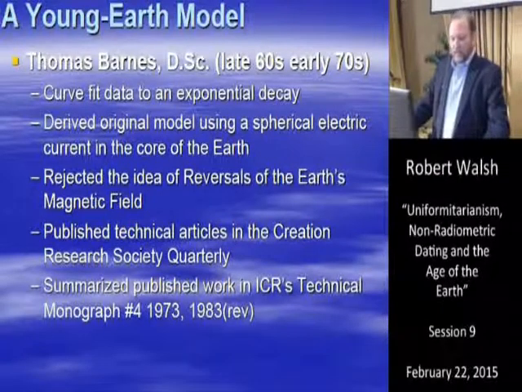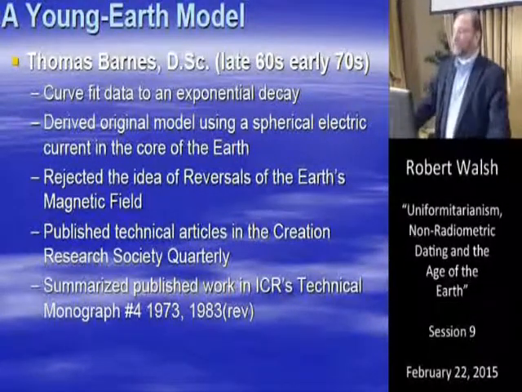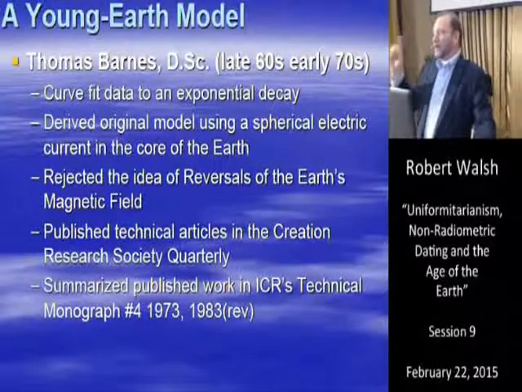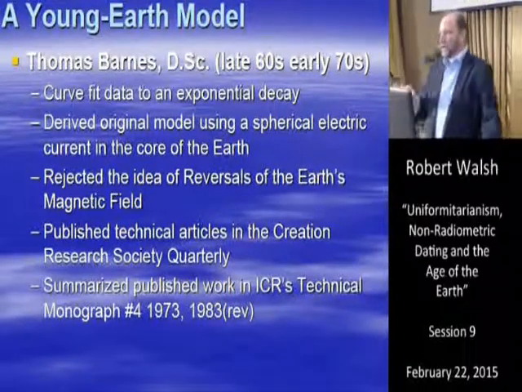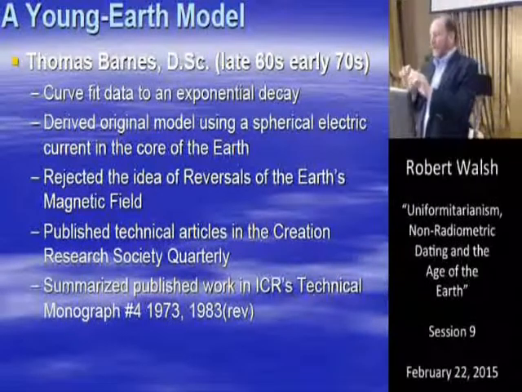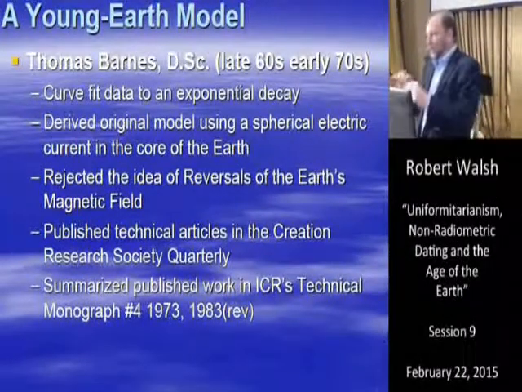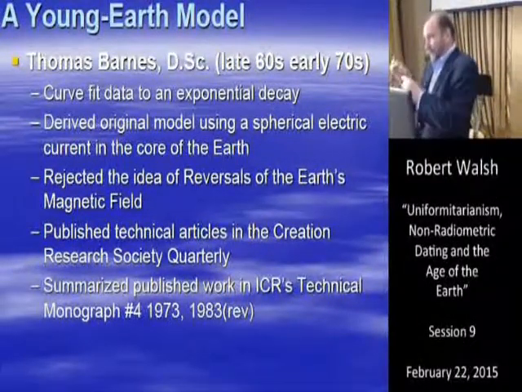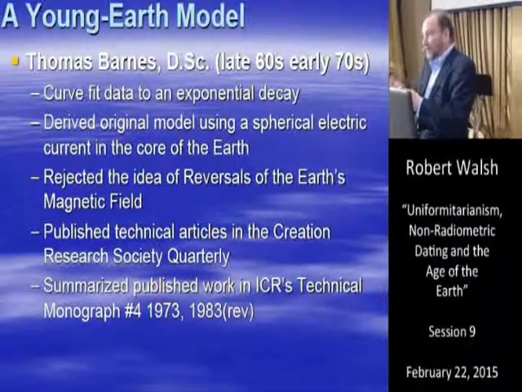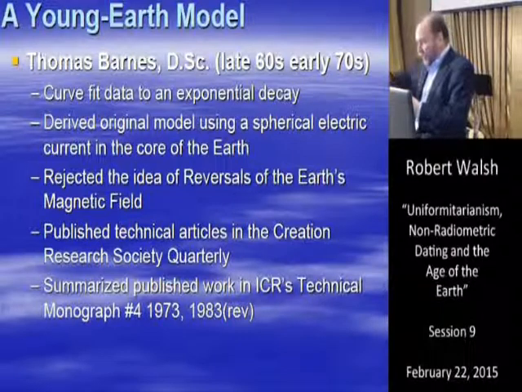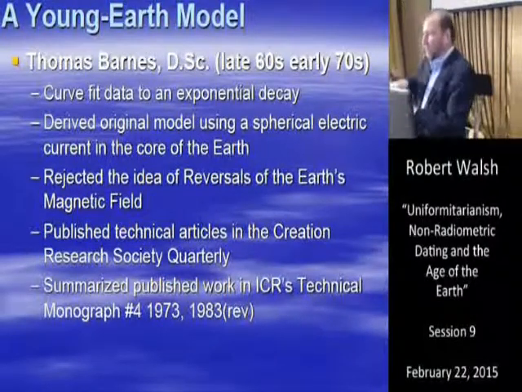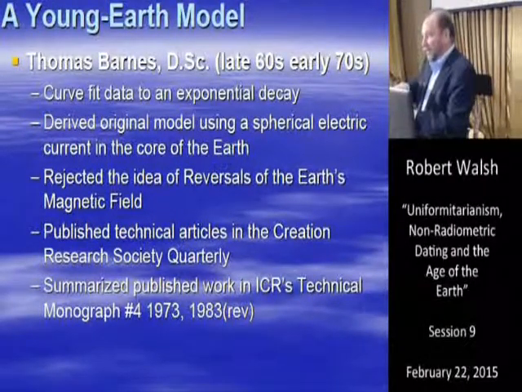What he did was his model included a spherical electric current on the surface of the core of the Earth. So you and I are used to seeing currents that are in wires, right? Well, the electrons move from the negative side of the battery along the wire to the positive side of the battery, right?